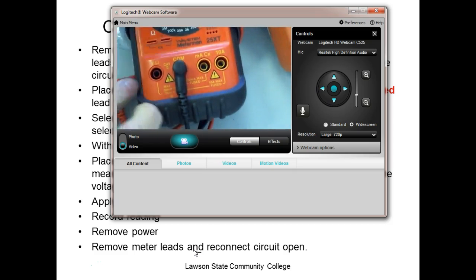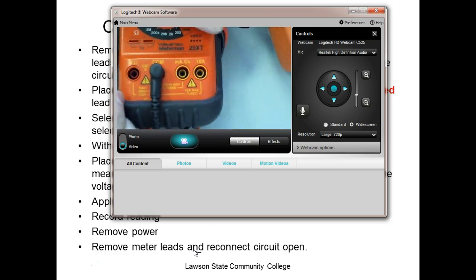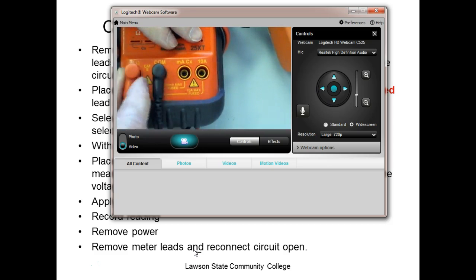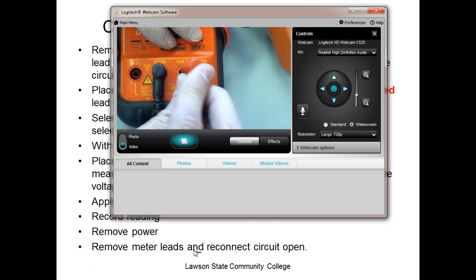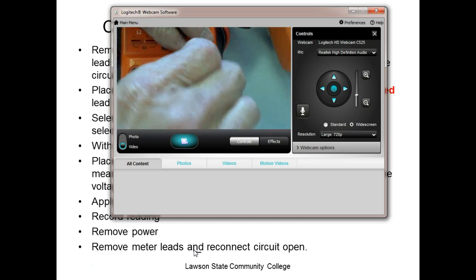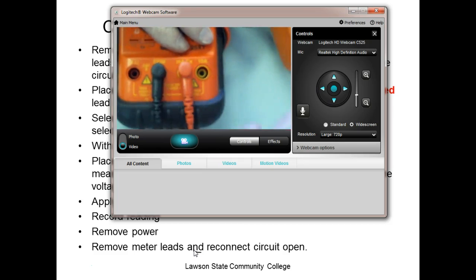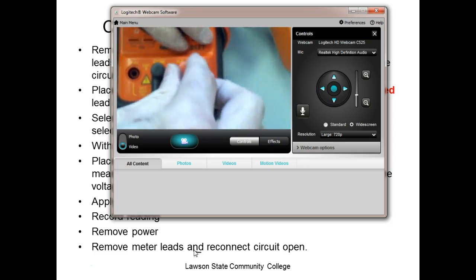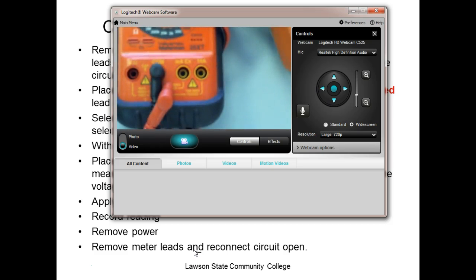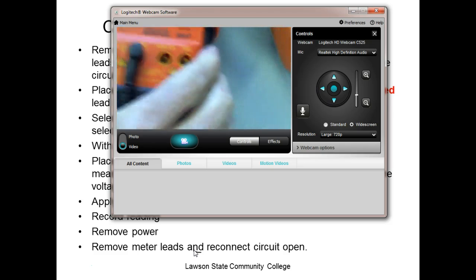Most of your digital multimeters, not your clamp-on meters, have a different place where you go to measure volts and ohms than where you go to measure amps. So that means you literally have to do what? What they recommend, if you ever measure amps, is that when you get through, pull that meter lead out. And then why? Now you have to think about where you put it back in.